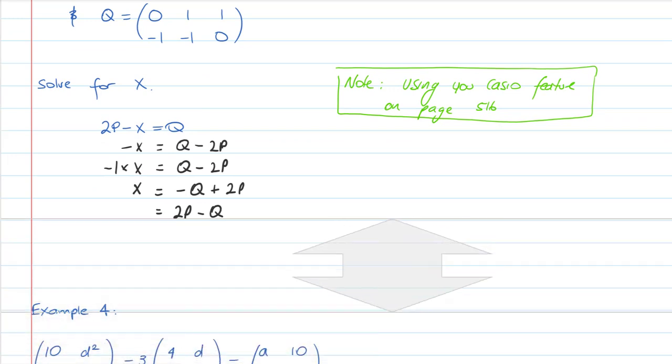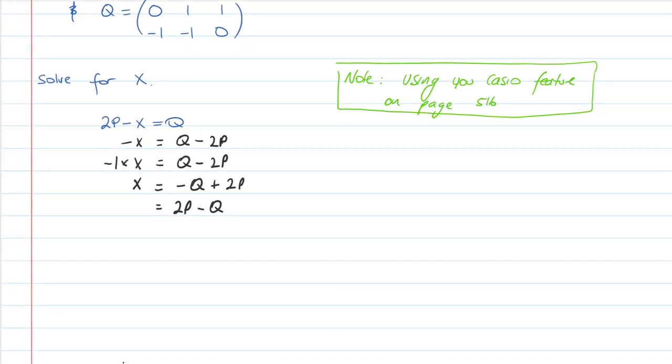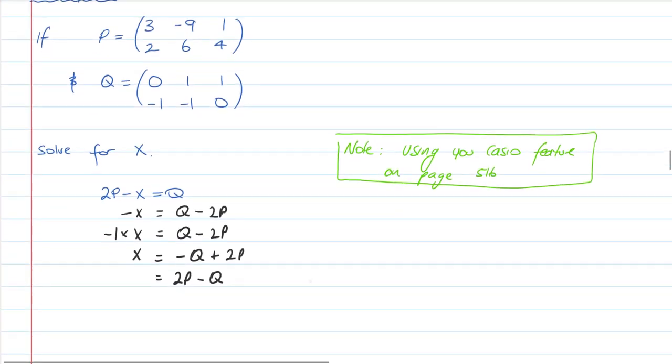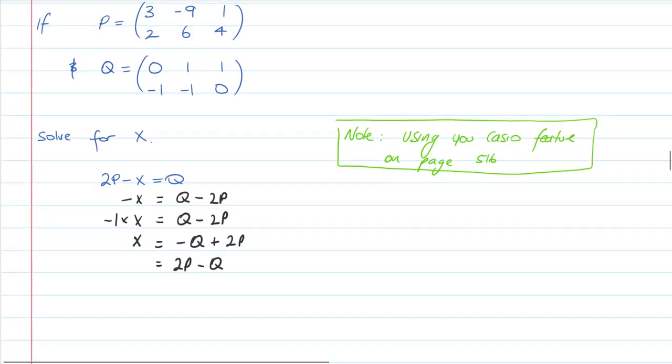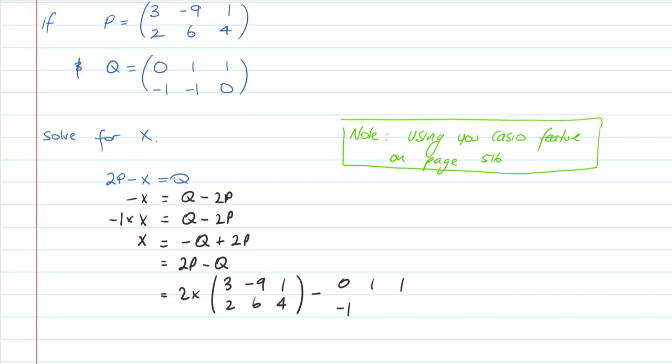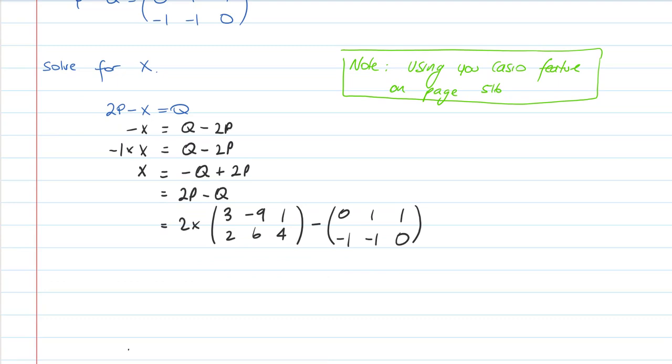Now hopefully you'll recognise here it's actually a lot easier for us to do this rearranging before we substitute the matrices in. So that's an important rule to take on board as well. So now I'm going to substitute the matrices in. 2 times P, which is 3, negative 9, 1, 2, 6, 4, and then minus Q, which is 0, 1, 1, negative 1, negative 1, 0, is going to be my X value.